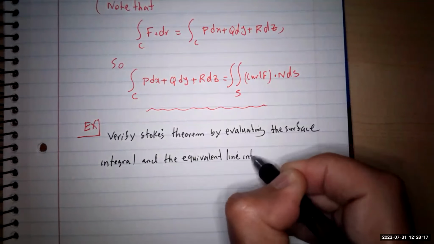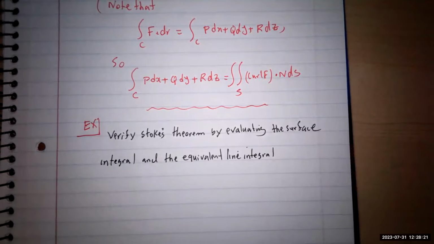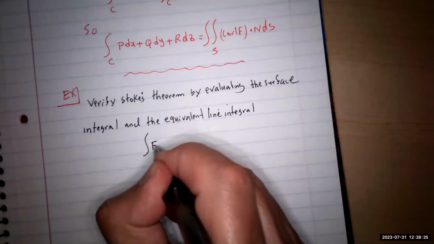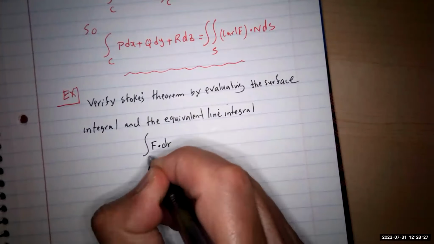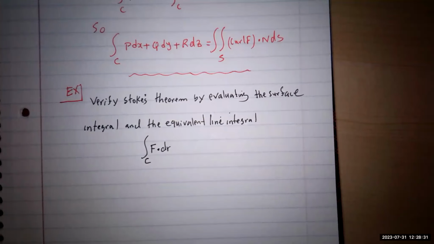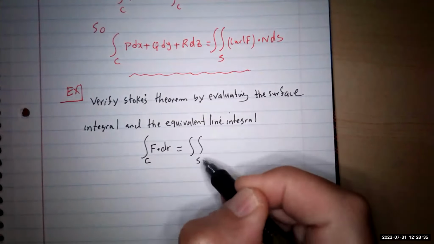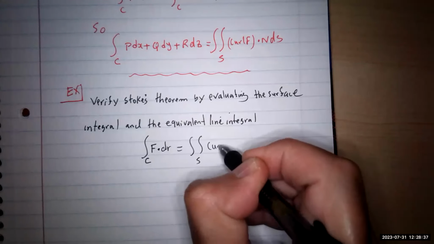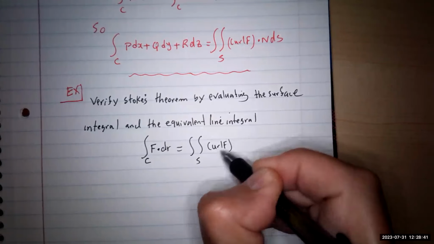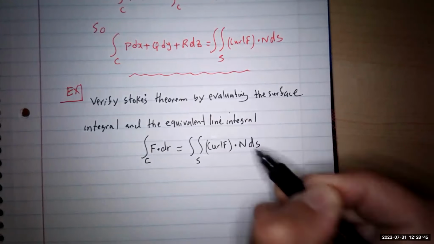Line integral means the integral of F dot dr over C. That's a line integral, which can be done by direct substitution. It is equal to the surface integral of what? The curl of F dotted with the normal vector, dS.